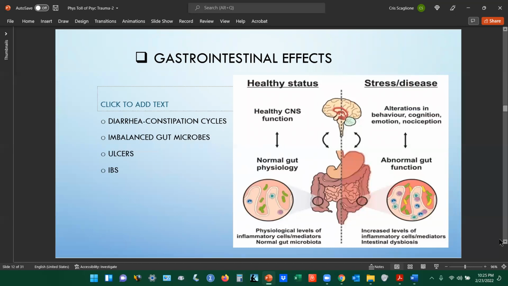So our gastrointestinal tract. When we experience a great deal of stress, we often will have cycles of either being constipated or having diarrhea. We can get ulcers, we can get inflammatory bowel diseases. But really, quite importantly, is new knowledge now that we have about basically the germs and other things that live in our stomach, which are various microbes. These microbes help us to digest our food.